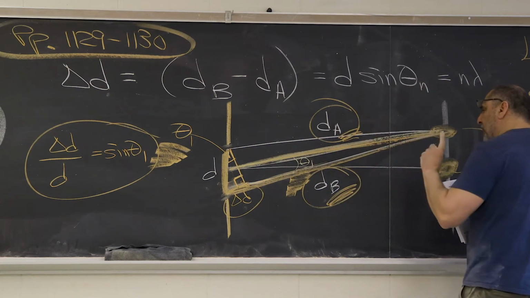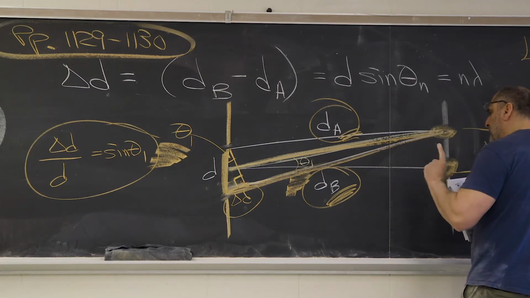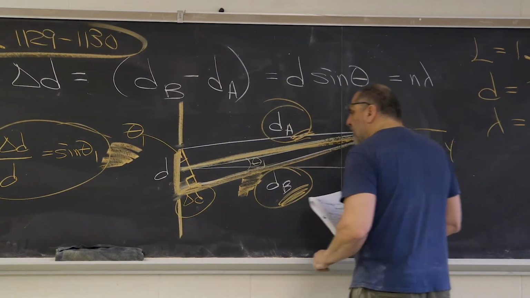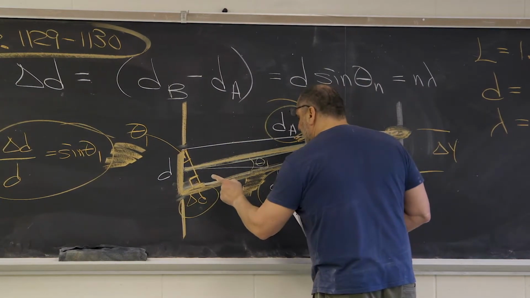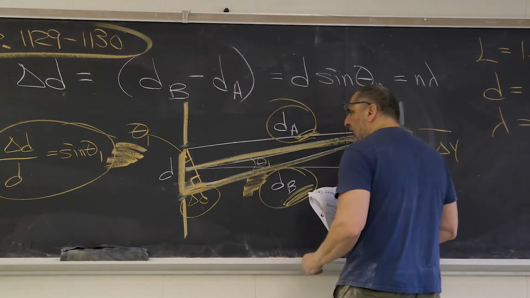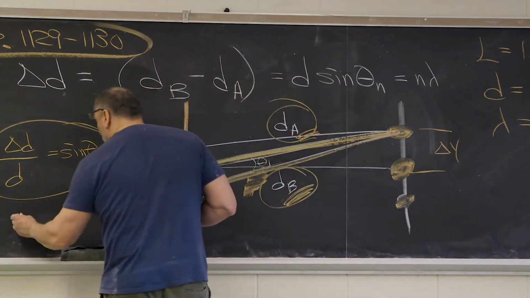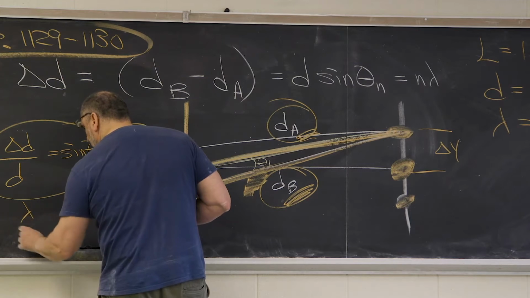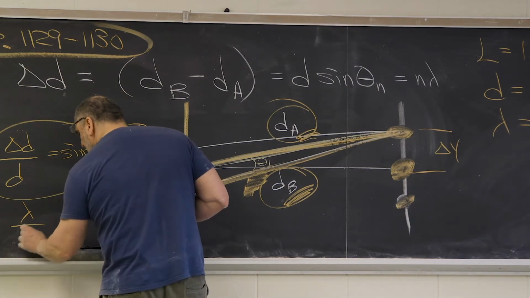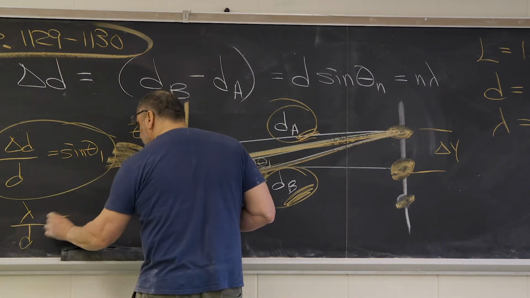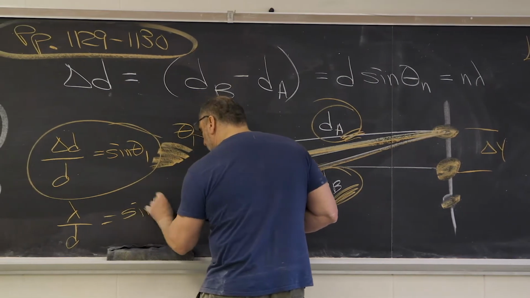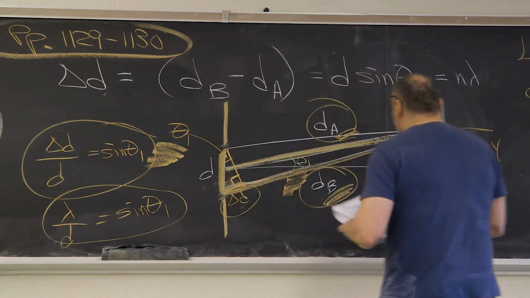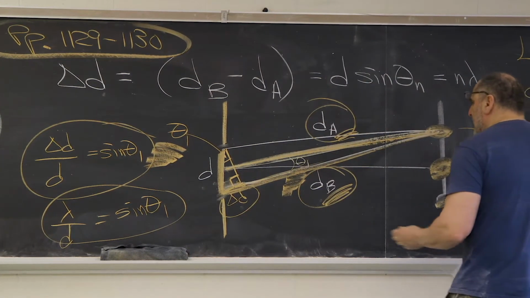Long minus short, they'll differ by one wavelength, because they're going to be in phase, and they're still going to be bright over here. So delta D is going to be one wavelength, because we wanted the one that was closest, that's lambda. This guy is D, and that's sine theta 1. Okay, not too bad at all.